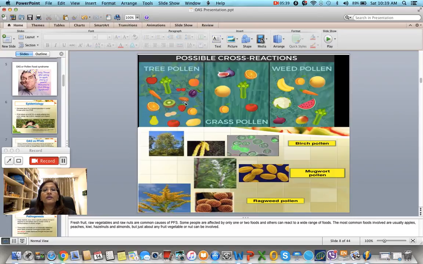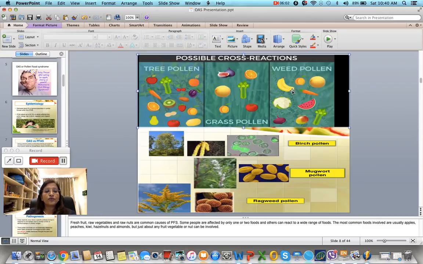So, the pollen from the tree has cross reactivity with foods like apple, kiwis, and vegetables like carrots and celery. And similarly, grass pollen has its cross reactivity to various fruits and vegetables and even weed pollen.